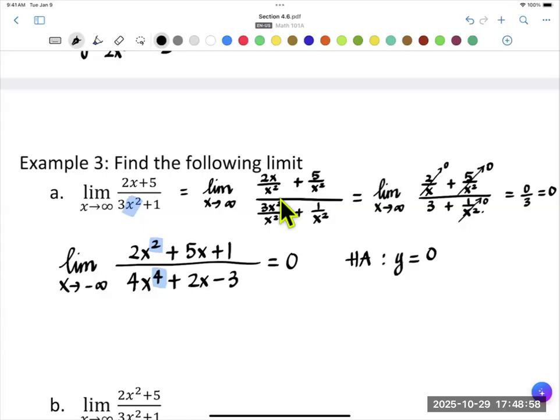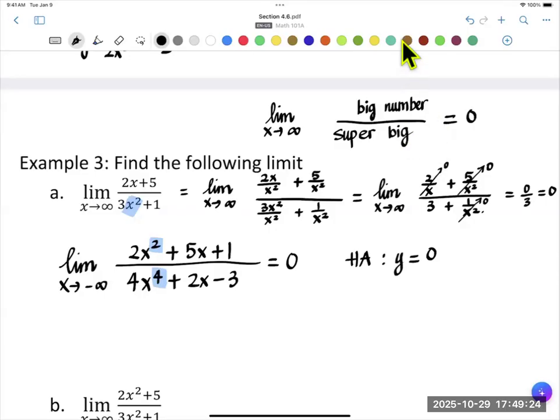As long as the numerator is a big number when x approaches infinity, but the denominator is super big, bigger than the numerator, then this is going to be 0. Okay, so what does that mean? For example, if I have the limit as x approaches infinity of x over e to the power x.